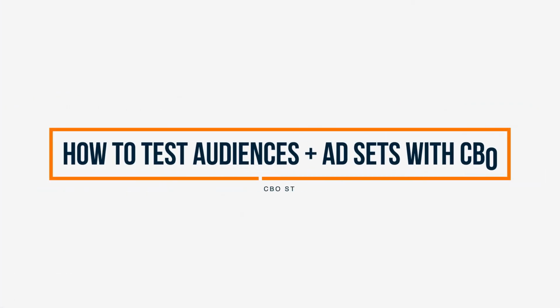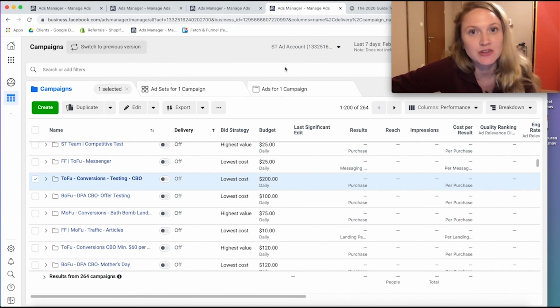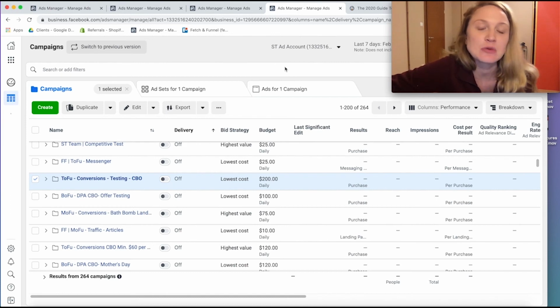Okay, so the last thing that we're going to be talking about today is how to set up a testing campaign using CBO. And what I mean by this is how can you test different audiences or ad sets while using CBO?